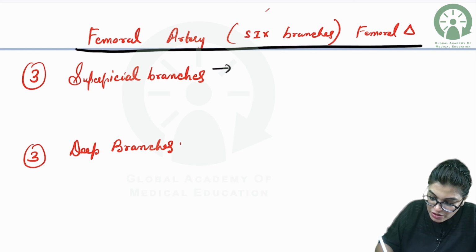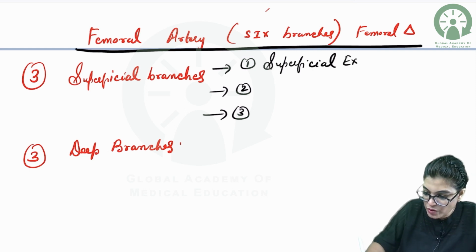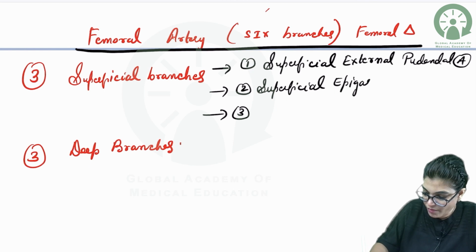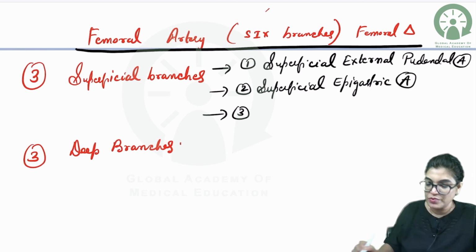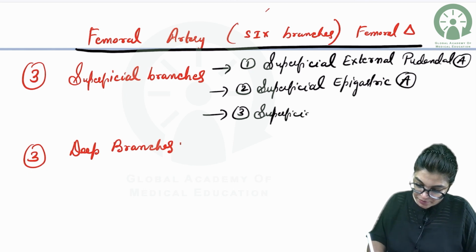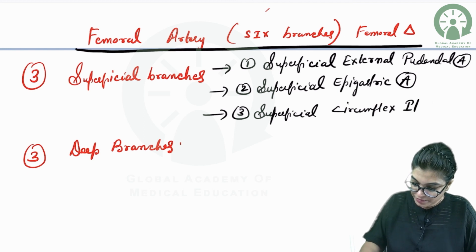Okay, the 3 superficial branches are superficial external pudendal, superficial epigastric artery, and superficial circumflex iliac artery.